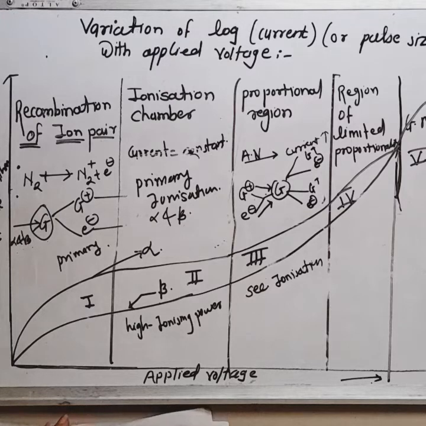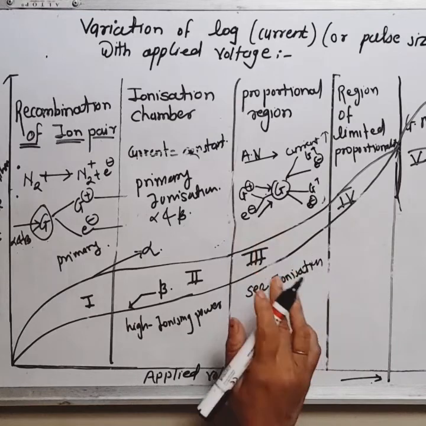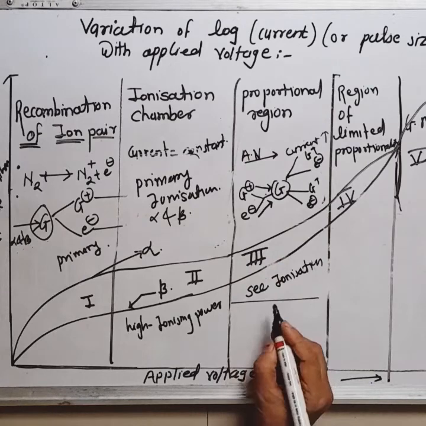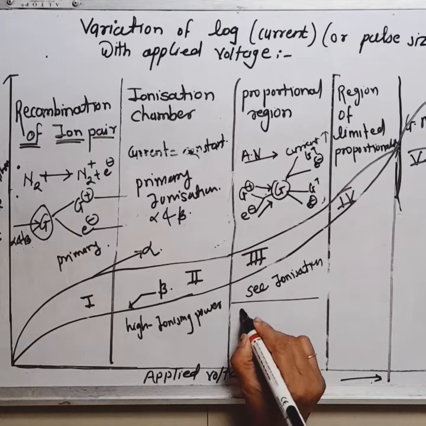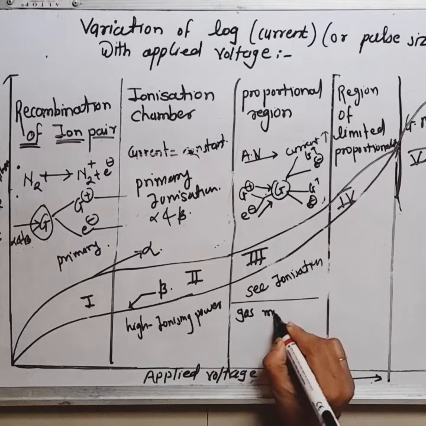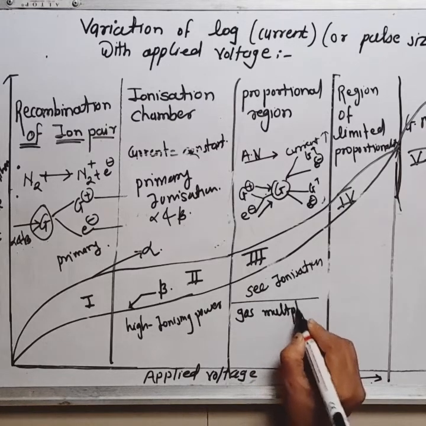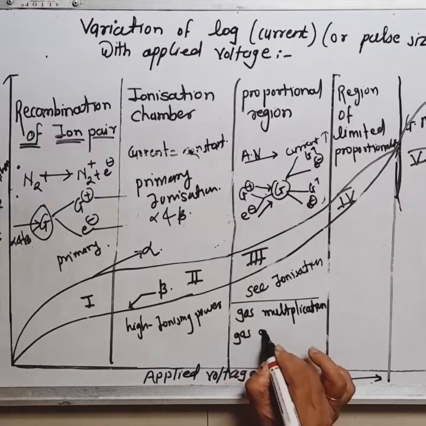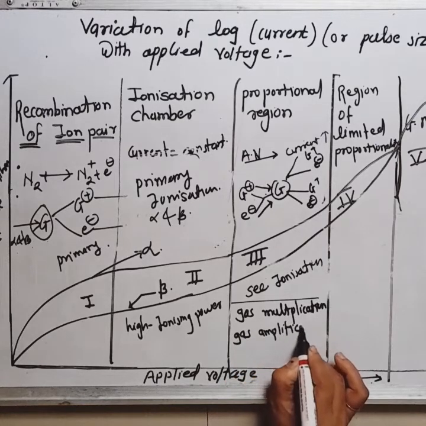Therefore additional ion pairs are formed in this proportional region. This phenomenon is called gas multiplication or gas amplification. The secondary ion pairs formed due to the kinetic energy of the gaseous ions are known as gas multiplication or gas amplification.